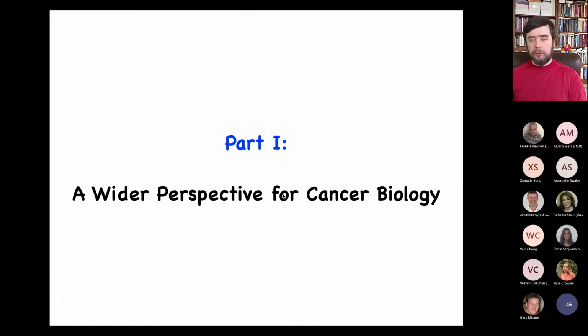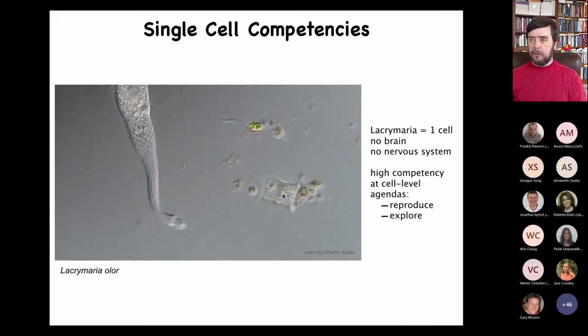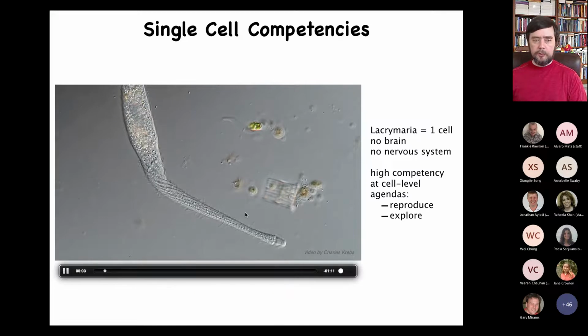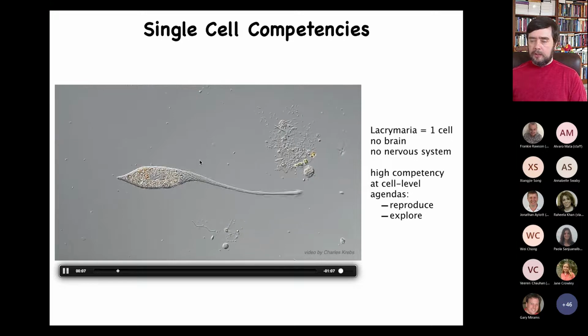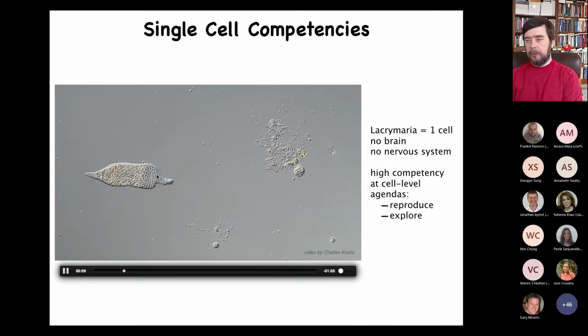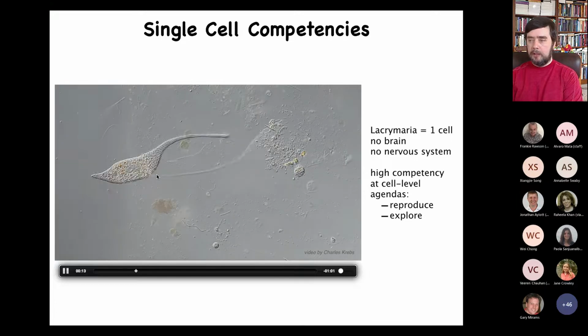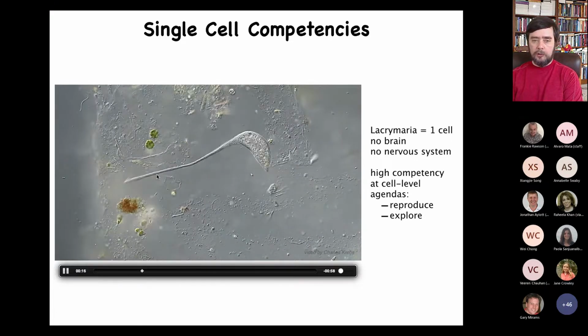So what I'd like to do in the first part of the talk is to think about what this is telling us. What does this mean big picture for cancer? And for that, we have to go back to individual cells, and we have to think about what it is that cells are doing and what do they try to do. So this is a single cell. It's called a lacrimaria. It has no brain, no nervous system, and yet it's incredibly competent at all of its local single cell type of activity.